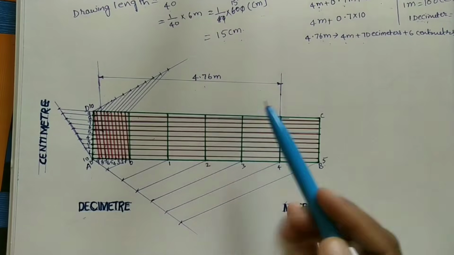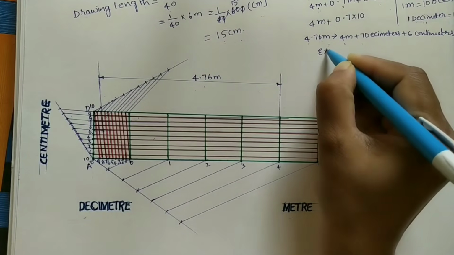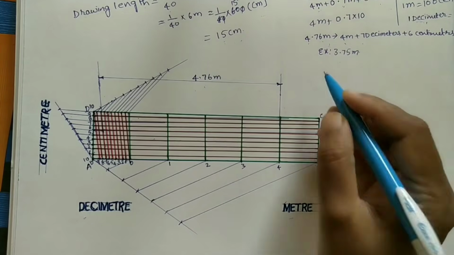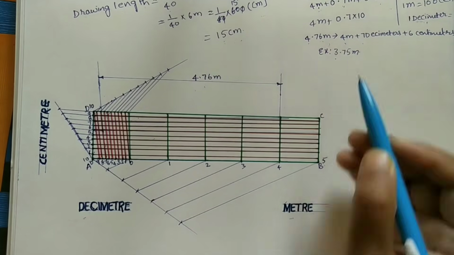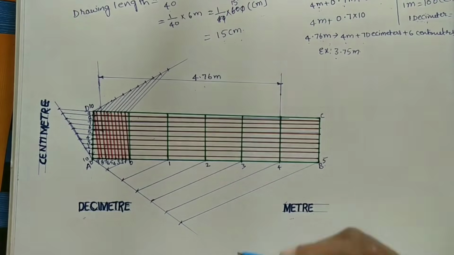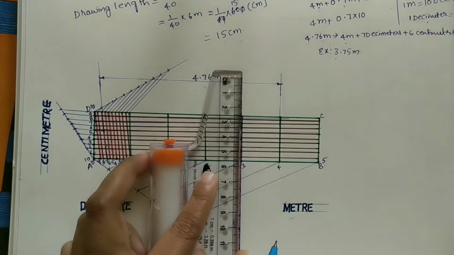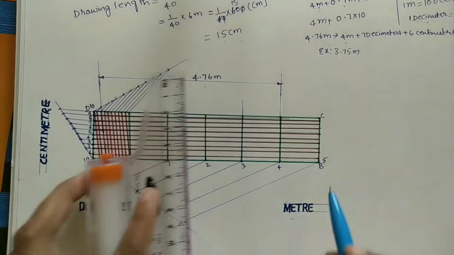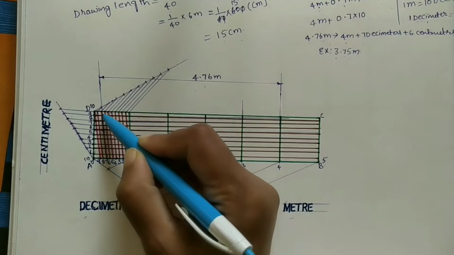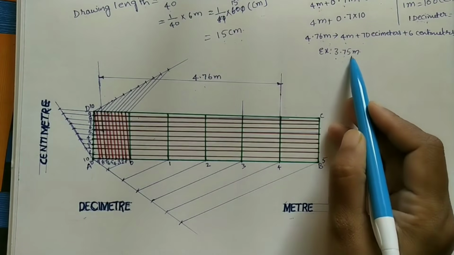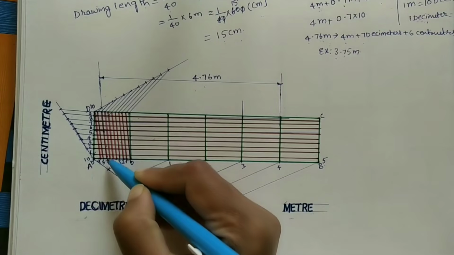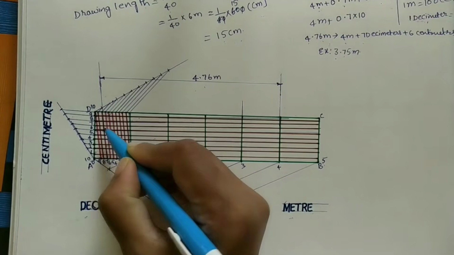Here, instead of 4.76 meters, let us take one example. If you want to mark 3.75 meters, here the meaning is 3 meters. So for 3 meters we need to draw the line. I will show you how to do it. 3 meters, 7 decimeters. Wherever 7 is coming on the same line, it will come 7. 5 centimeters, wherever 5 is coming, the 5th and 7th intersection point is coming here.